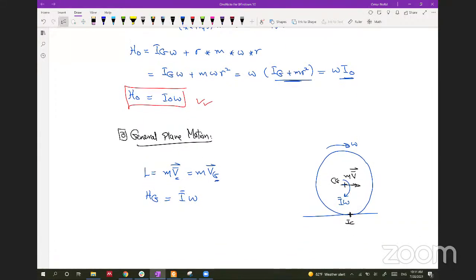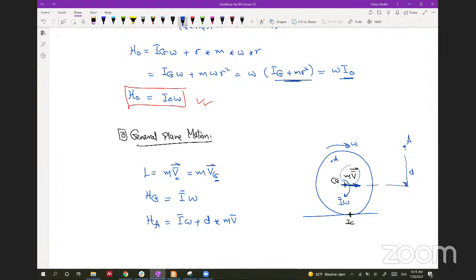But if you want to get the angular momentum about any point A here, or on the body here, you will have to do the same thing. You will have to get the I bar omega plus the moment of the linear momentum about this point. So you will have to identify this distance, d, and multiply d by the linear momentum, something like that.